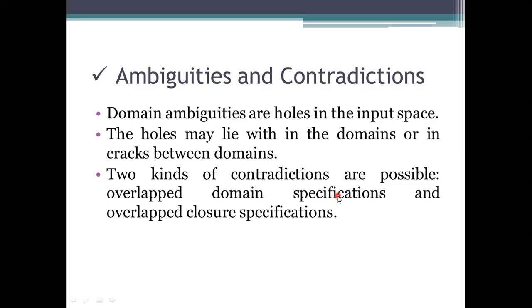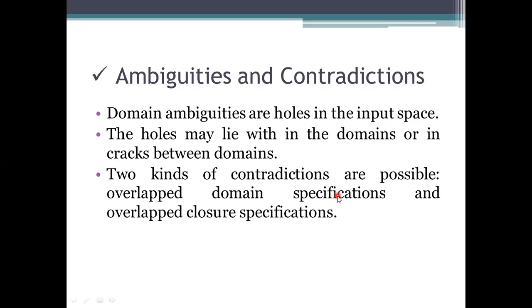The first one is ambiguities and contradictions. Ambiguity means the confusion that occurs due to the domain's boundaries. We should represent the boundaries of the domains clearly.